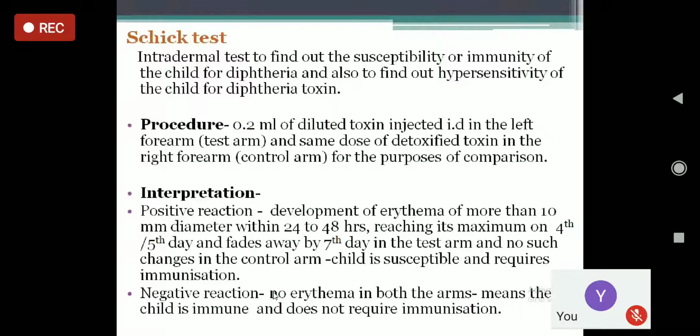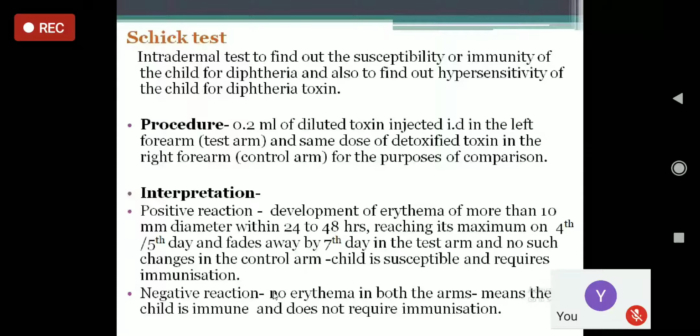And the same dose of detoxified toxin, which is detoxified so once you detoxify it, it doesn't have this toxic effect, 0.2 ml of detoxified toxin is injected in the other, that is the right forearm, and it is considered the control arm. You inject the detoxified toxin so as to compare the results with the test arm, and that's why this is known as the control arm.